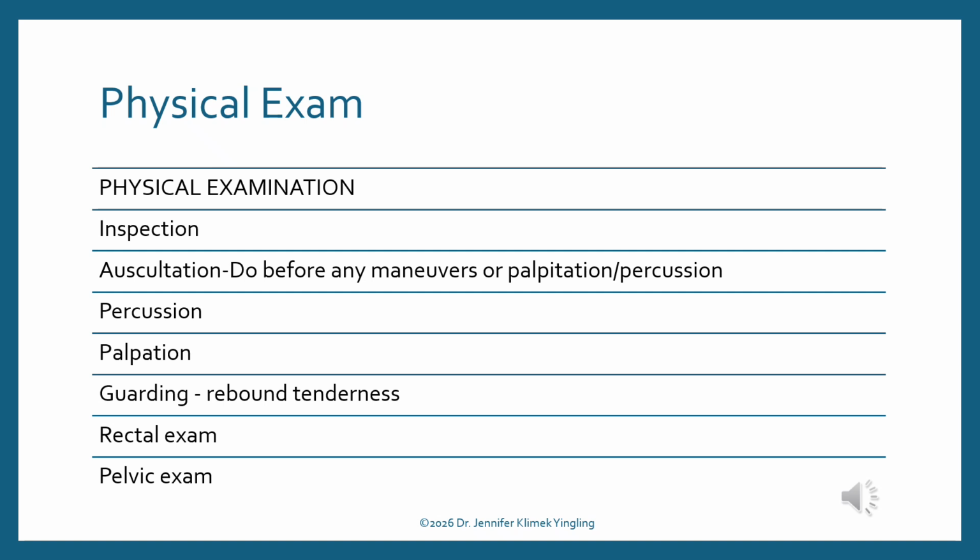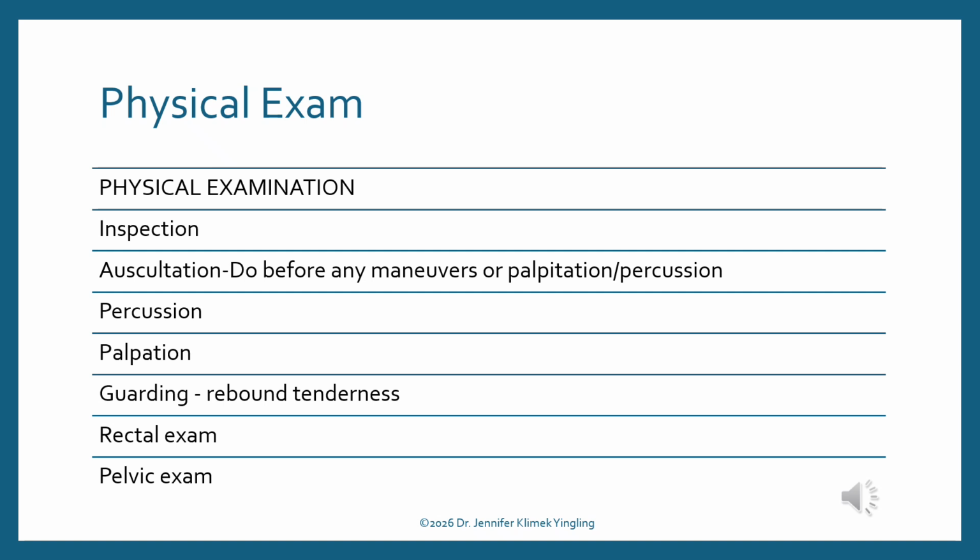When you're doing a physical exam in an individual that has abdominal pain, obviously you're going to look at the patient holistically. When you specifically examine the abdomen, you're going to inspect, then auscultate, then percuss and palpate, because you don't want to stir up any type of bowel gas that would mimic bowel sounds if the patient actually has a bowel obstruction.